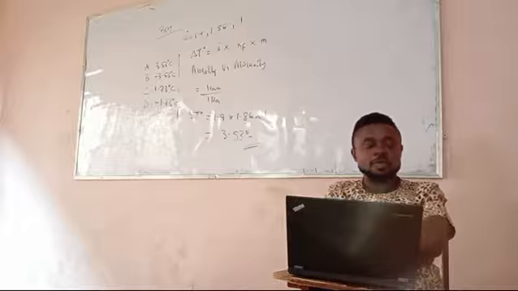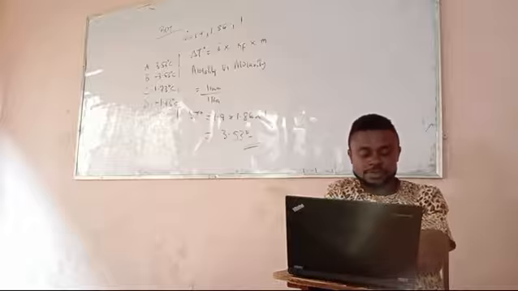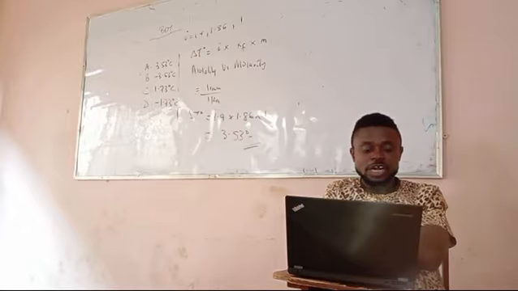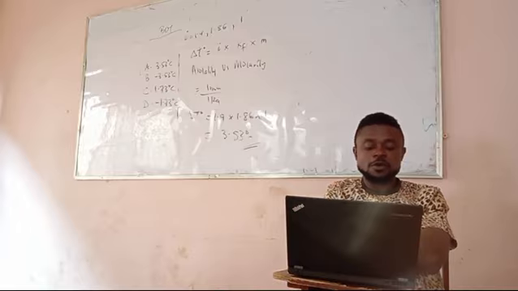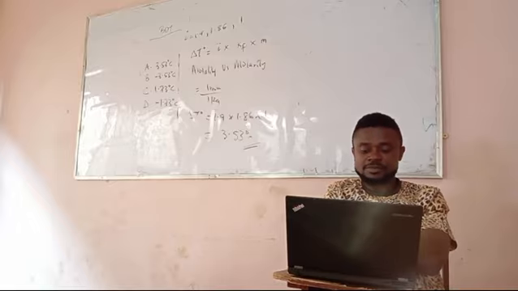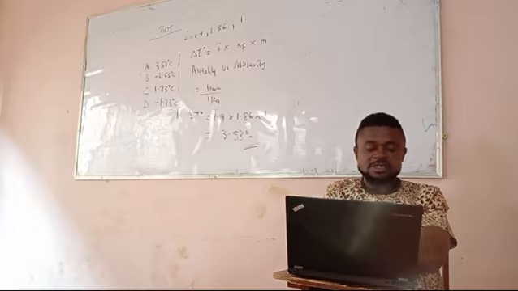D. Number 24 says the drug revolving fund system is a concept that does all the following except: A. Promotes access to drugs.